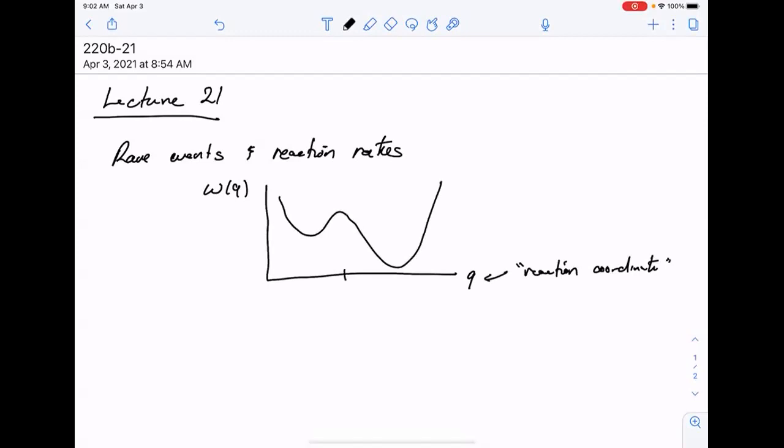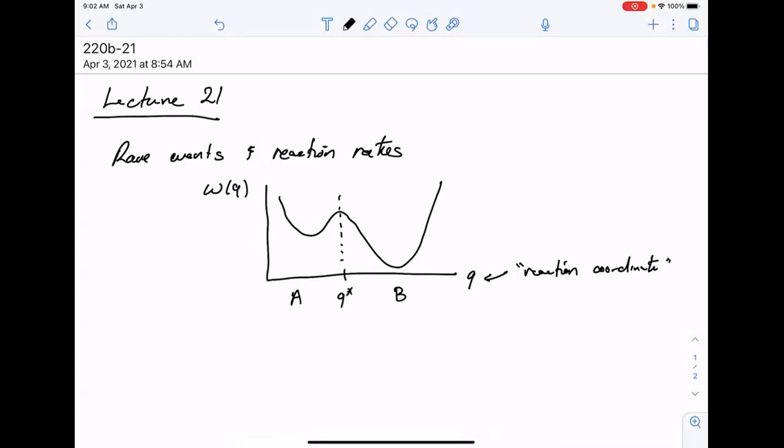So there is a basin, call it A, that is separated from a basin, call it B, by the existence of a barrier whose location we'll denote Q star.